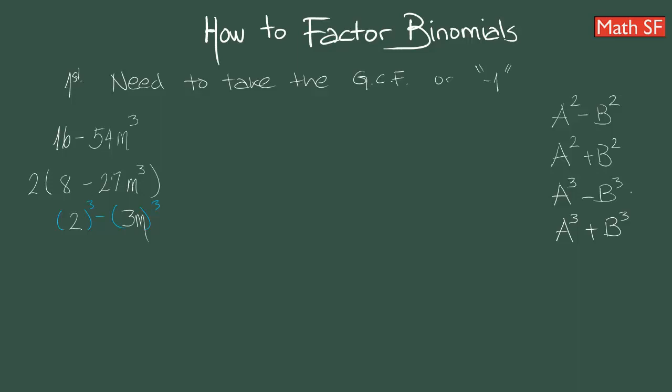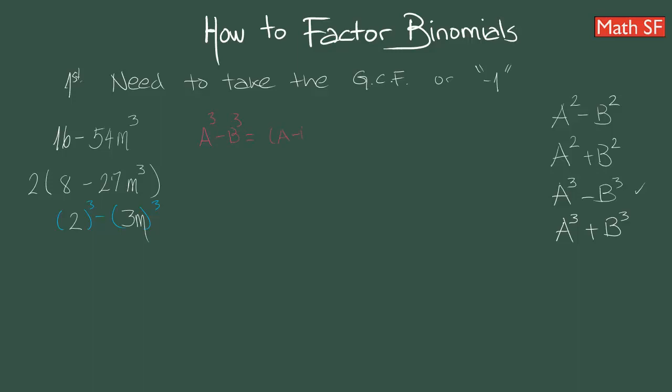Now we're going to look at our formula for a cubed minus b cubed, the difference of cubes. It goes out like this: a cubed minus b cubed. What does SOAP stand for?